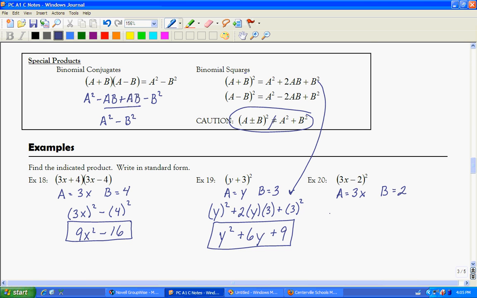We substitute into that form, we end up with 3x in parentheses squared minus 2 times 3x times 2 plus 2 squared, and then we multiply everything together. We end up with 9x squared minus 12x plus 4.